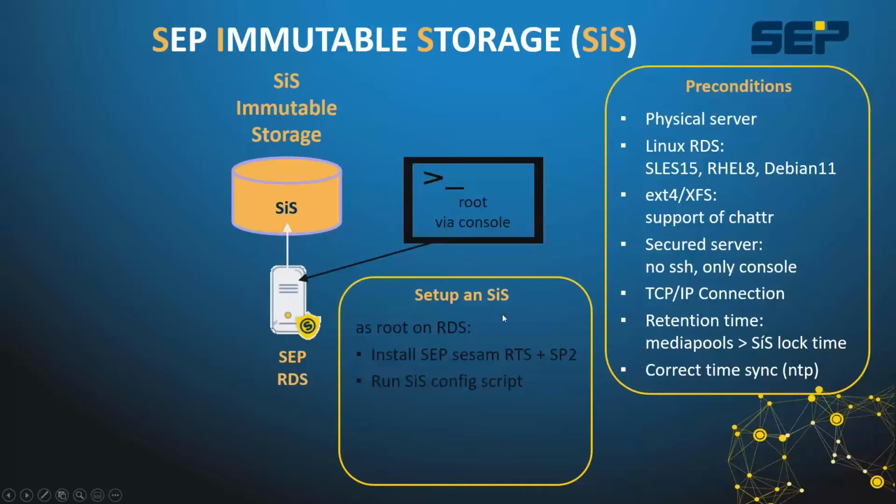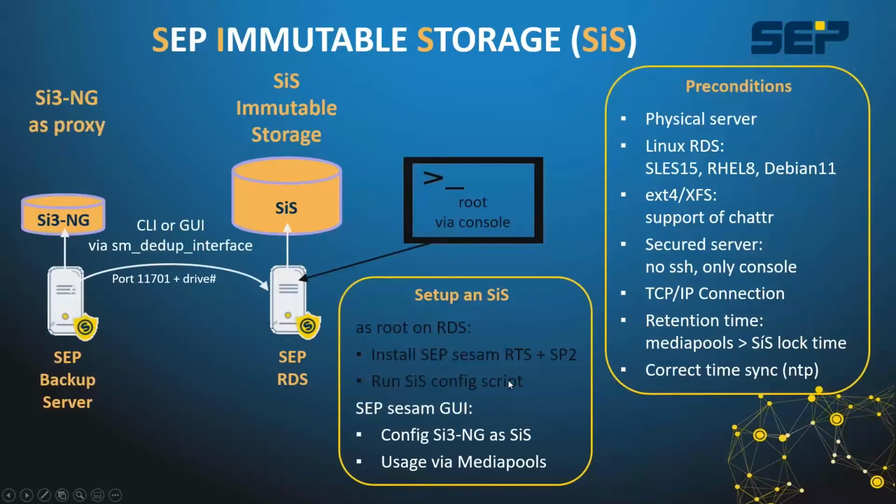You have to provide a name for your SIS deduplication store. So this has all to be done via the console, and then you have to go to your backup server and run the GUI, or you can also use the command line interface, because the smdbu interface command is used in the background. And with this command, you can configure your SI3NG as being an immutable storage.